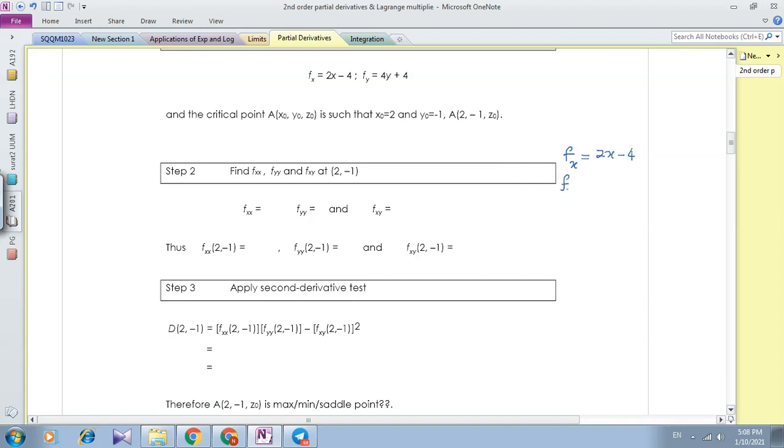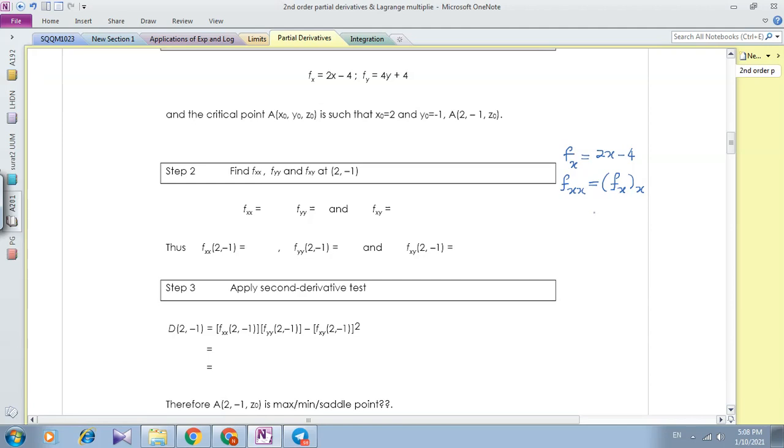So fxx is the same as finding the partial derivative with respect to x of fx.